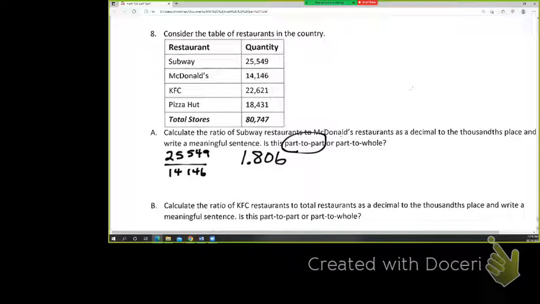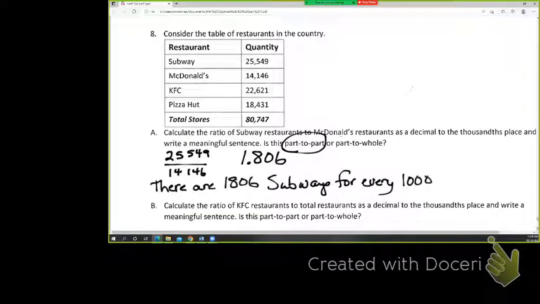So what could our sentence be? I could say there are 1,806 Subways for every 1,000 McDonald's. Do you guys see how I got that?